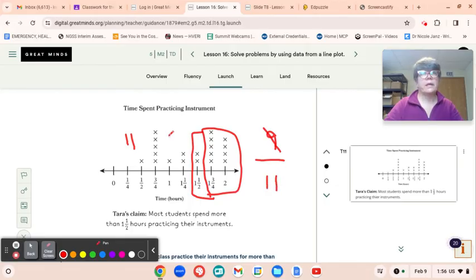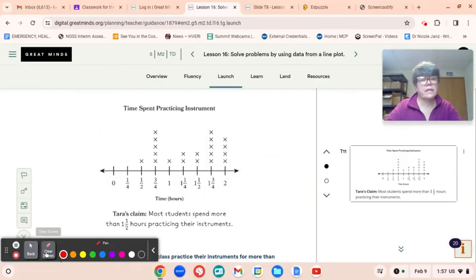And that would mean that we only have 9 less than that, right? So then that would make it most students spending 1.5 hours or more practicing, right? Okay, now we have another graph that Tara made, and let's check that one out.